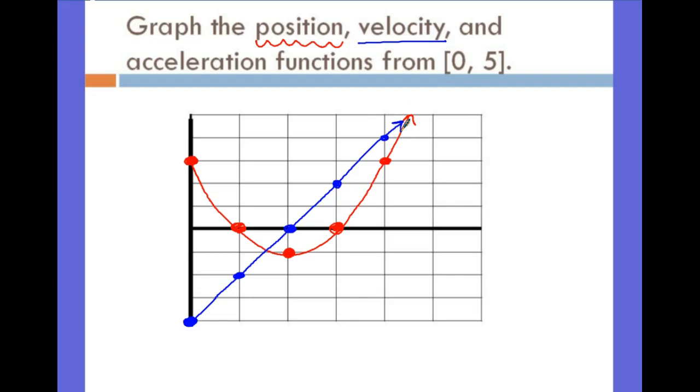From 0 to 2, we said the particle was moving left. This is negative. The negative velocity also correlates to a decreasing position. So the position function is decreasing, velocity is negative. Goes back to that table I gave you. Extrema, 0.